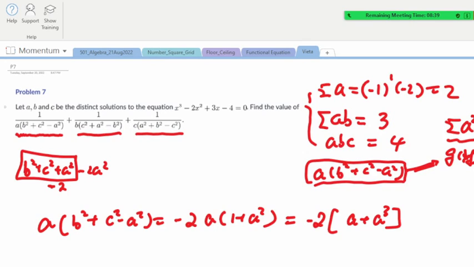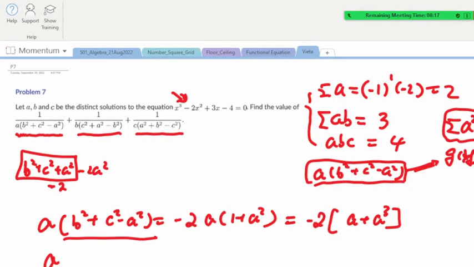Okay, does a satisfy this one? Why is a(b squared plus c squared minus a squared) equal to negative 2a(1 plus a squared)? Did you see the sum of the a squared equals negative 2? Can we use this?